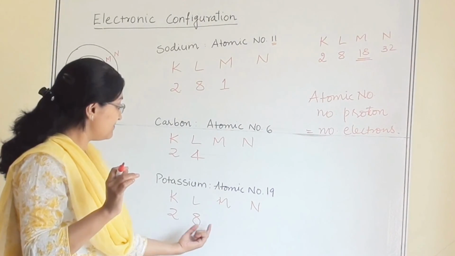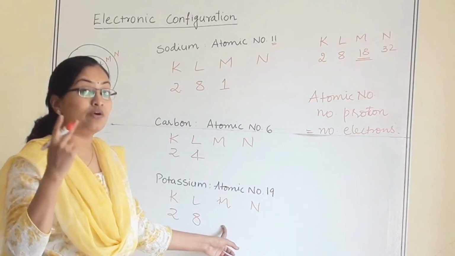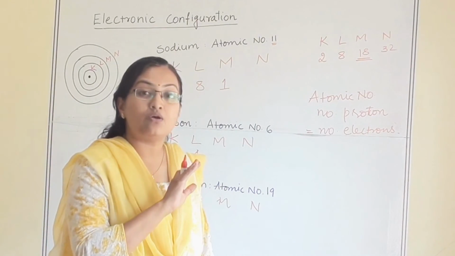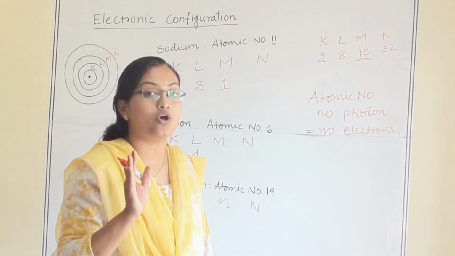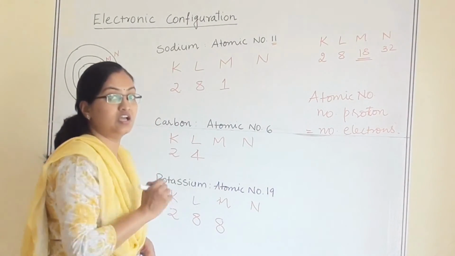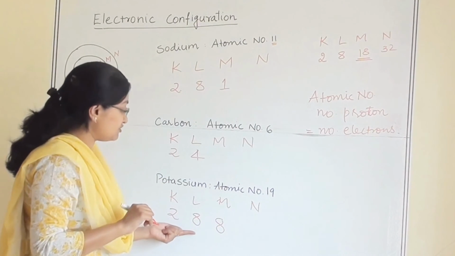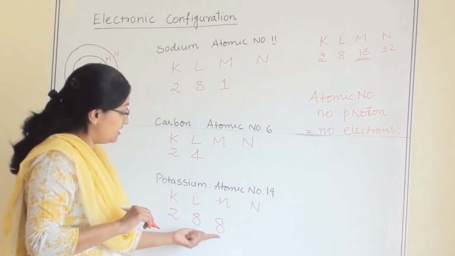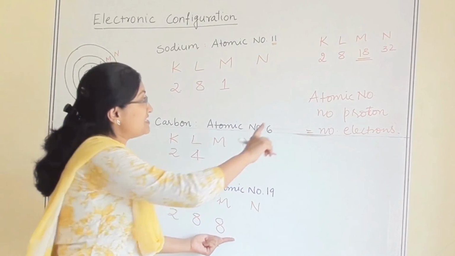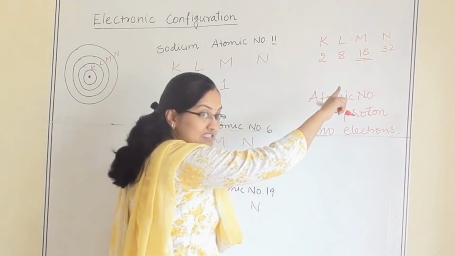2, 8, 9 we can write here. But according to the second rule, more than 8 electrons we cannot keep in any of the orbits. So we have to write here 8. Again, here 2, 8 we have written. Now the leftover electrons are 9. But the capacity of M is 18. Yes, that is correct.